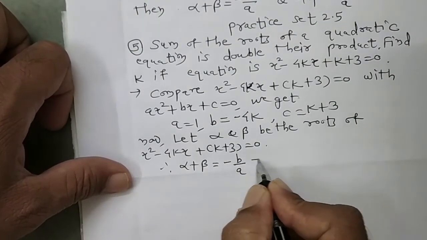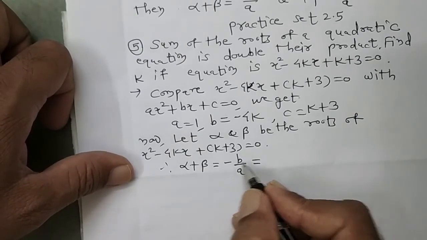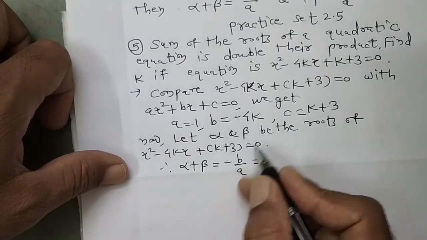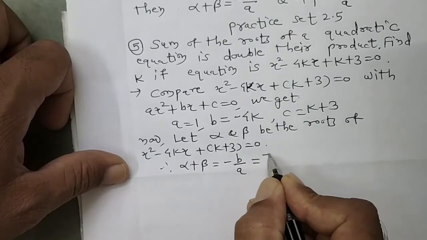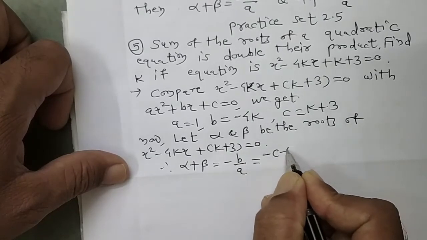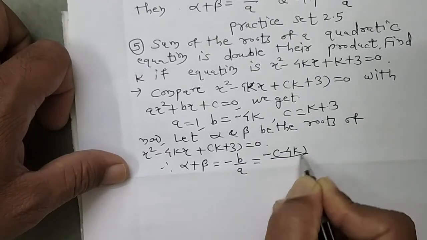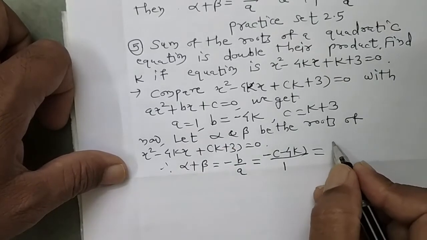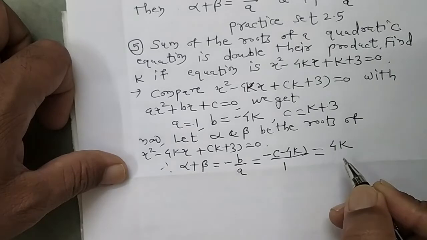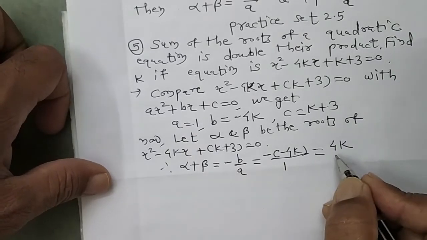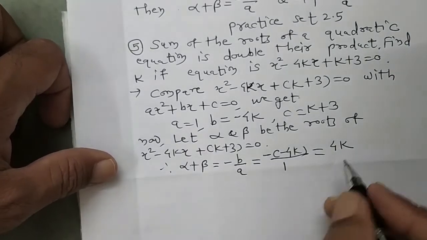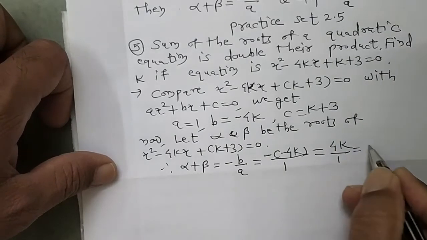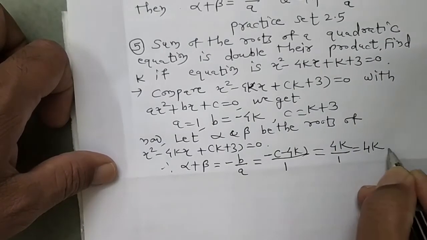Now put the value of b is minus 4k, minus of minus 4k divided by a is 1, equal to 4k upon 1, that is 4k.